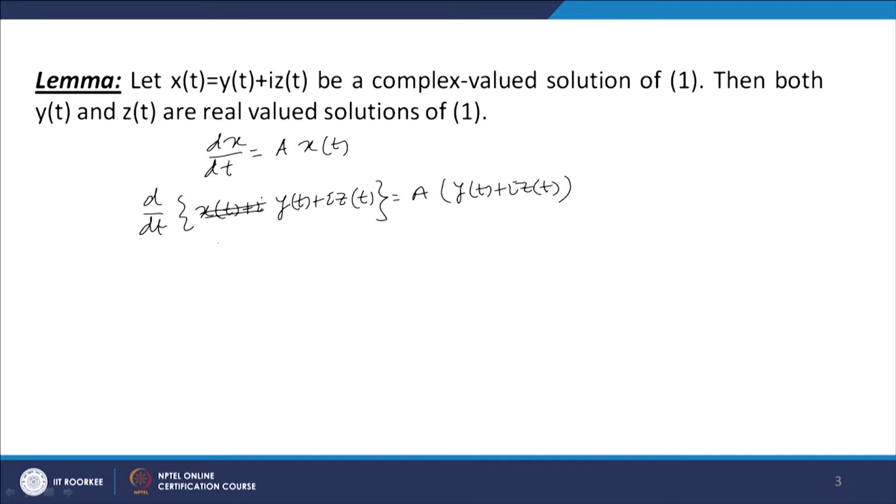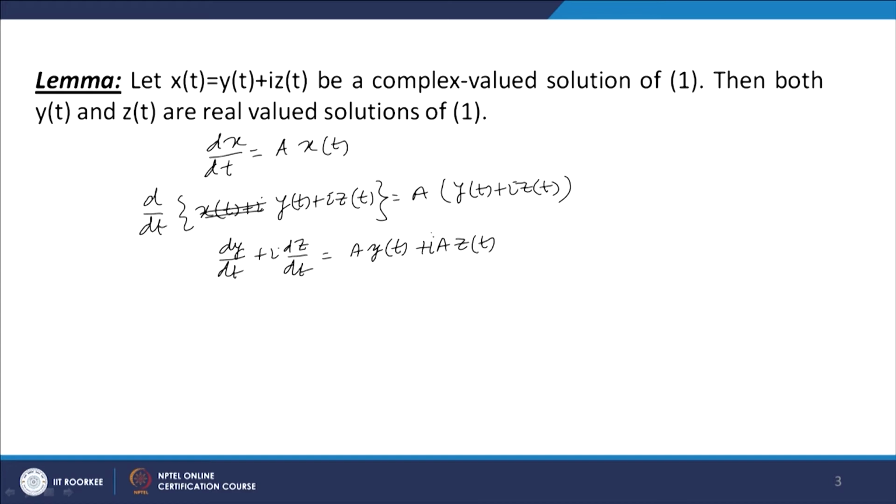When you differentiate this vector valued function, what you get is dy over dt plus i dz by dt equal to A y of t plus i A z of t, by matrix multiplication properties.